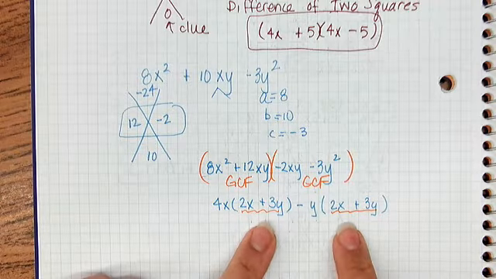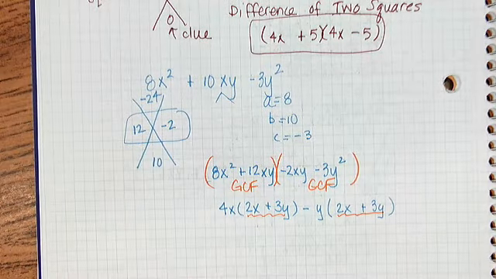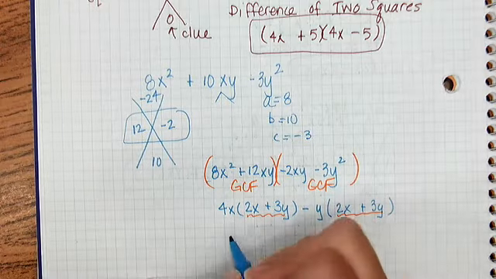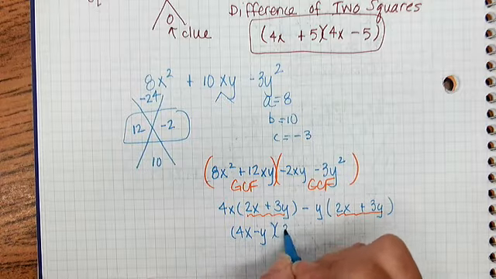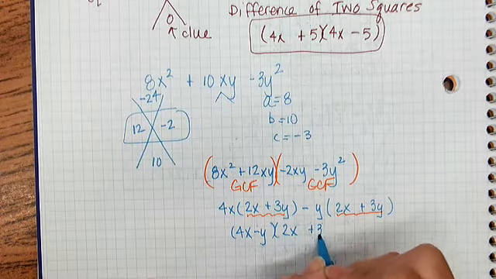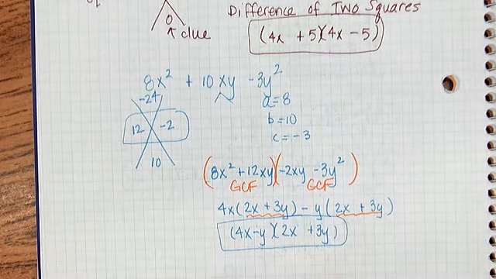If they don't match, you either made a mistake or your numbers here are wrong, or the problem is not factorable. You're left with 4x minus y, 2x plus 3y. That is factoring when a does not equal 1.